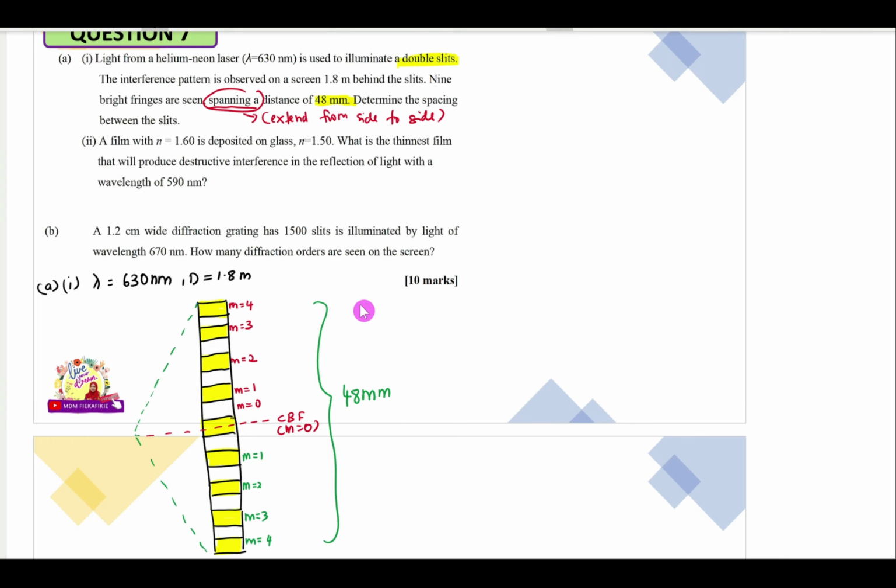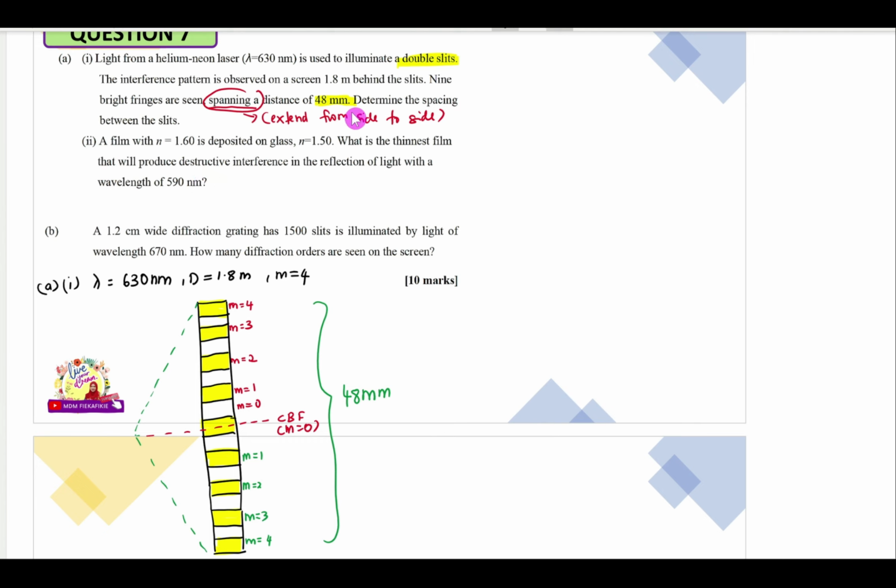Kita ada tengah, lepas tu sehingga order yang keempat atas, tambah lagi 4, dah 5 bright fringes. Tambah lagi 4 yang kat bawah. Sebab tu kita nampak 9. Okay, boleh faham? So baca soalan betul-betul.